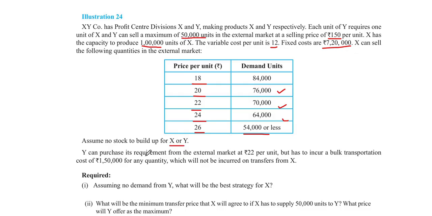Y can purchase its requirement from the external market at 22 rupees per unit, but has to incur a bulk transportation cost of 1,50,000 for any quantity.